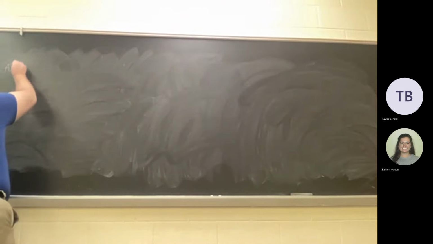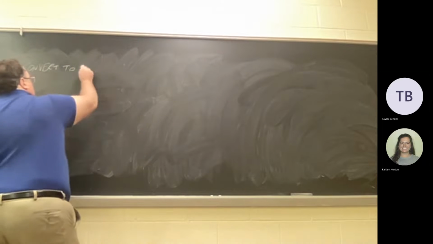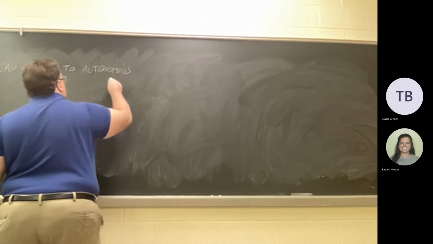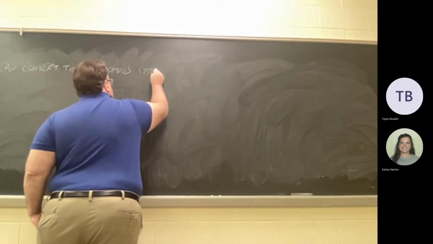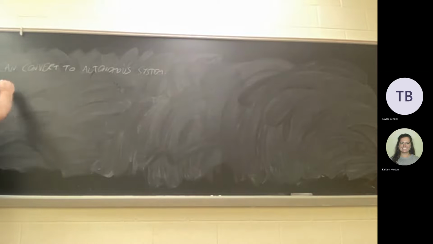Okay, so here's what we can do. We can convert our non-autonomous system to an autonomous one. And the way you do that is you add on an extra equation. So here's our system as we had it, and now I add on another equation, which is just t prime is equal to 1.